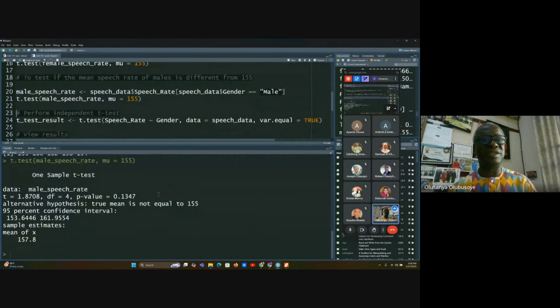And then we can carry on the test. So we run the test. Again, this is the t statistic, and this is the alternative hypothesis.